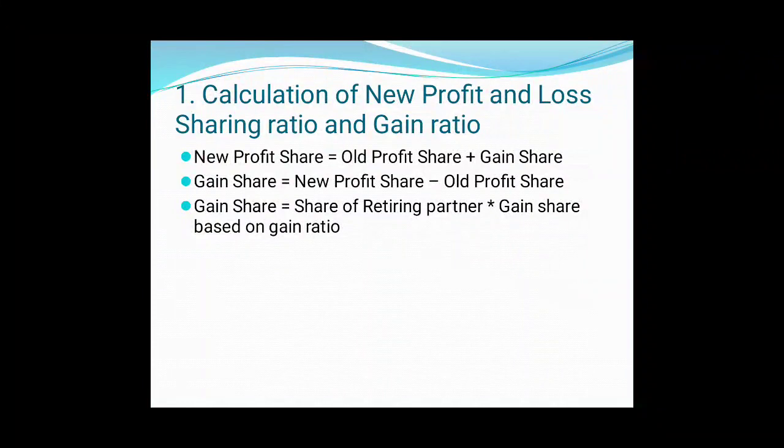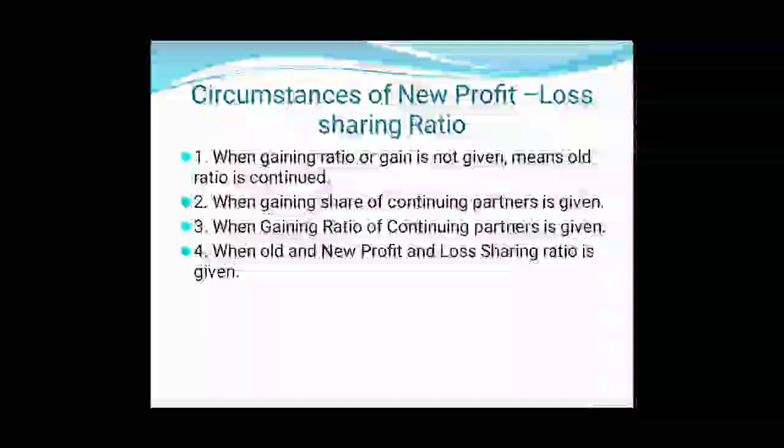So these 3 formulas will be helpful to us to find the new ratio as well as the gain ratio. First of all, the circumstances of the new profit and loss sharing ratio. What can be the circumstances? The first one, when gaining ratio or gain is not given, which means the old ratio is continued.